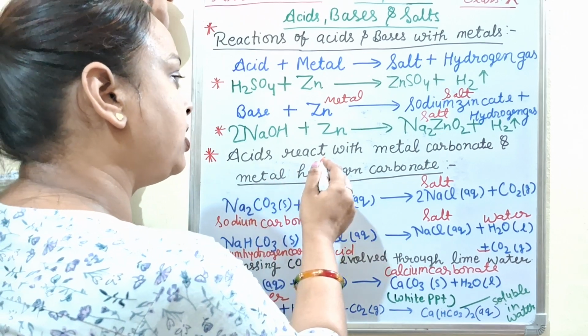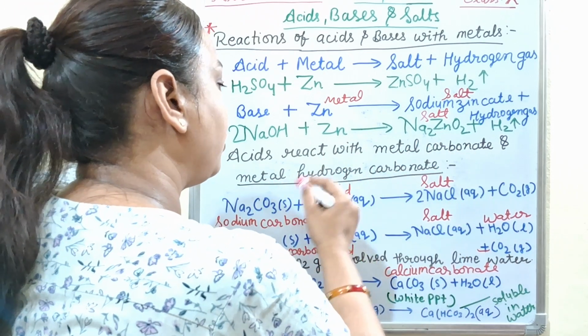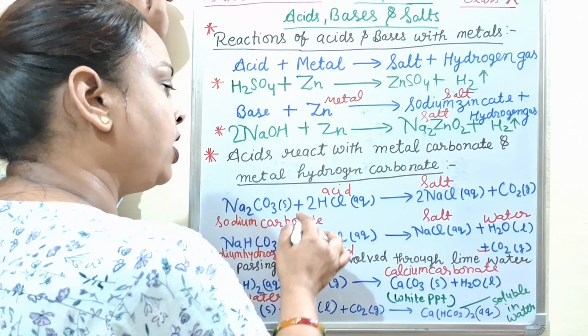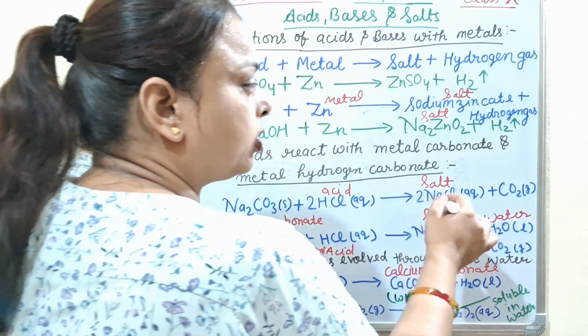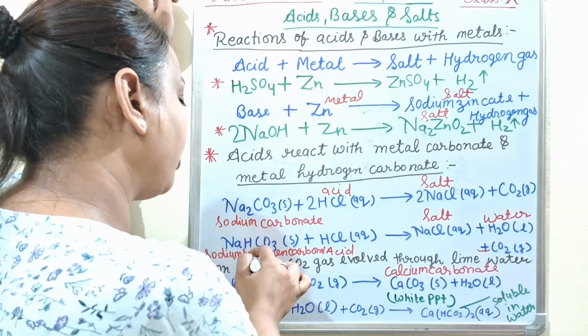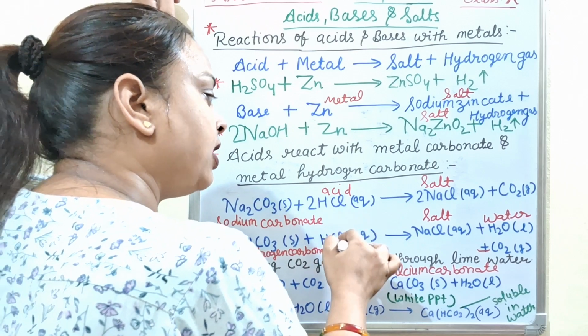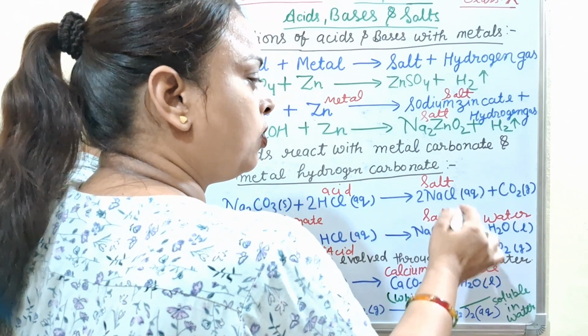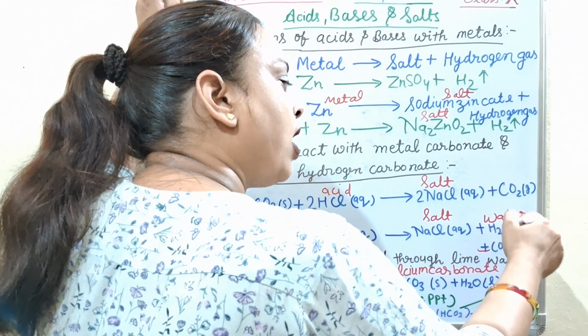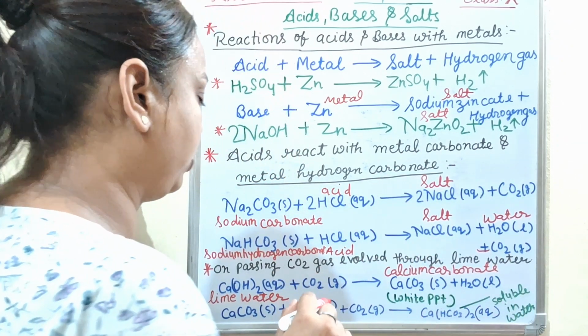Now acids react with metal carbonates and metal hydrogen carbonates, then what happens? Sodium carbonate reacts with HCl and forms salt plus carbon dioxide. Sodium hydrogen carbonate reacts with acid again, then forms NaCl. Again salt formation occurs, and water and CO2 gas are evolved.